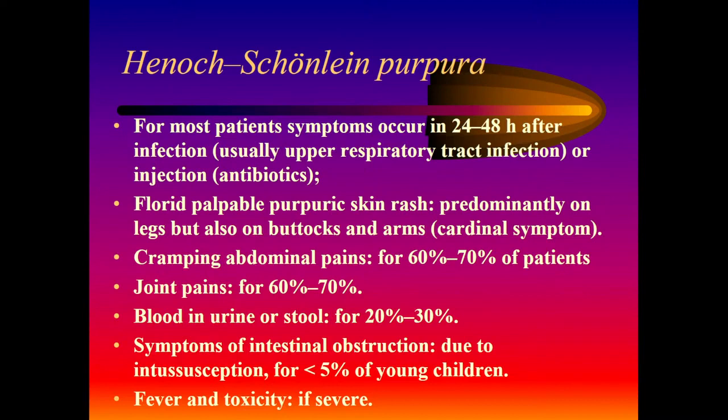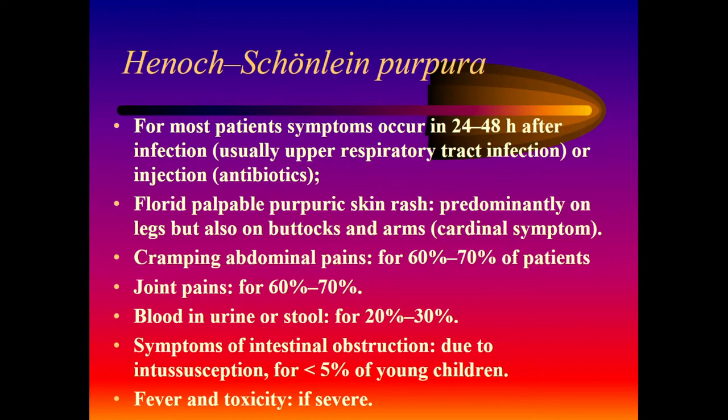For most patients, symptoms occur within 48 hours after infection, usually upper respiratory tract infection or injection, for example, antibiotics. Palpable purpuric skin rash, predominantly on legs, but also on buttocks and arms.